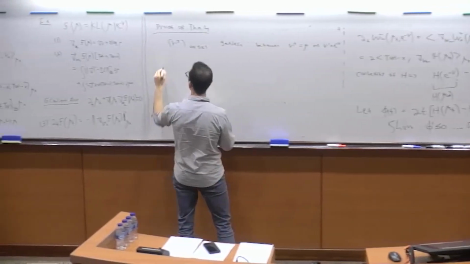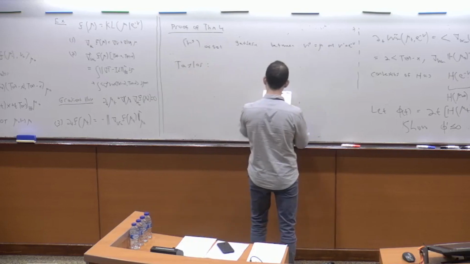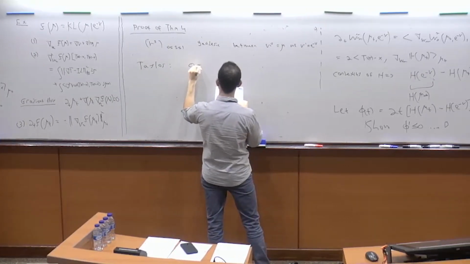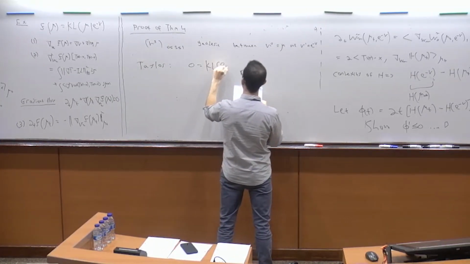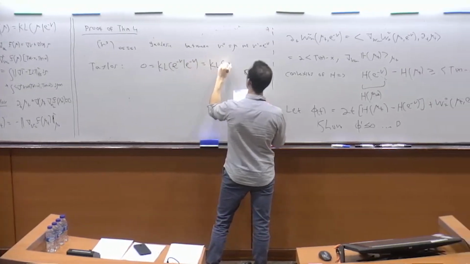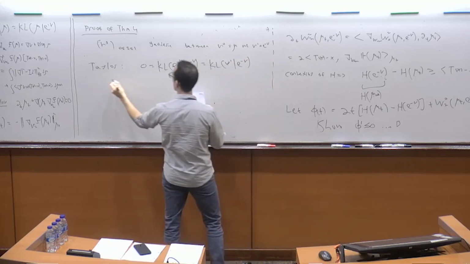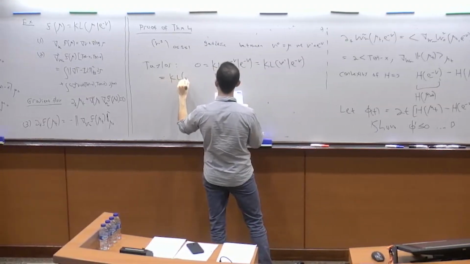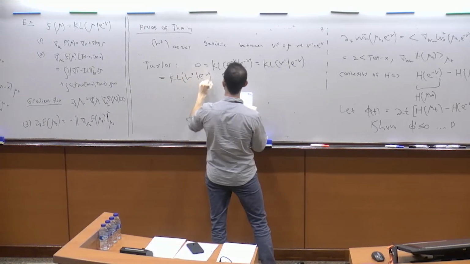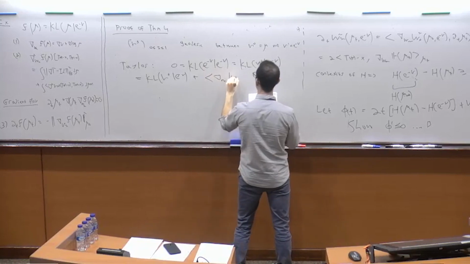And then what we do is we do Taylor, and we write, so I'll write like that. So this is KL of e minus V with respect to itself, which is of course also KL of nu 1 with respect to e minus V. And then we do Taylor expansion. So we expand around nu 0, and we will look at the second order term.